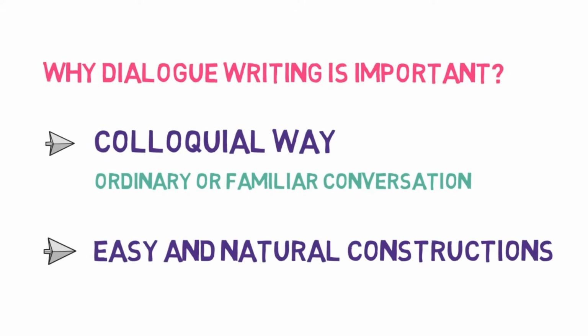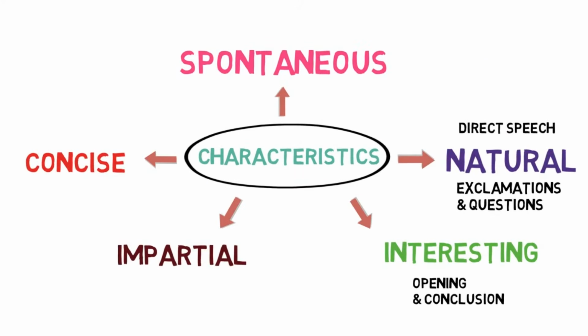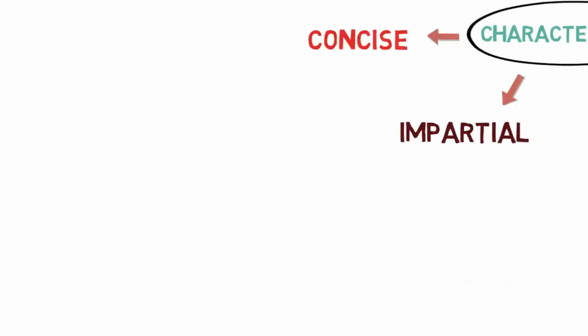Number one, it makes us understand the colloquial way of talking English. And number two, it trains us to express our thoughts in easy and natural constructions. Then we learned the 5 important characteristics of a good dialogue, which are: it should be spontaneous, it should be natural or realistic, it should be interesting, it should be impartial, and it should be concise.